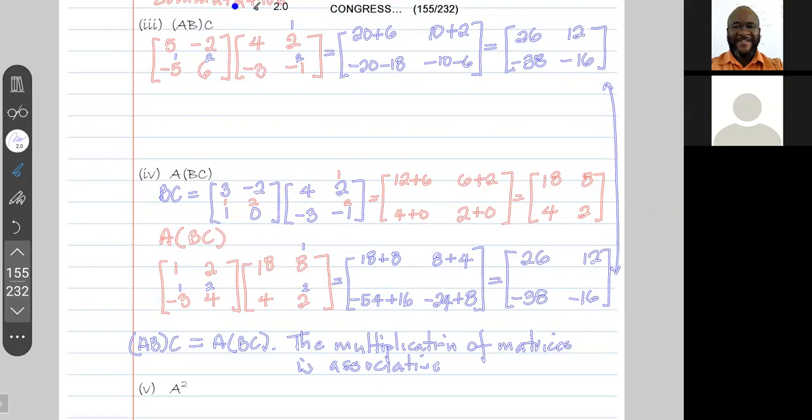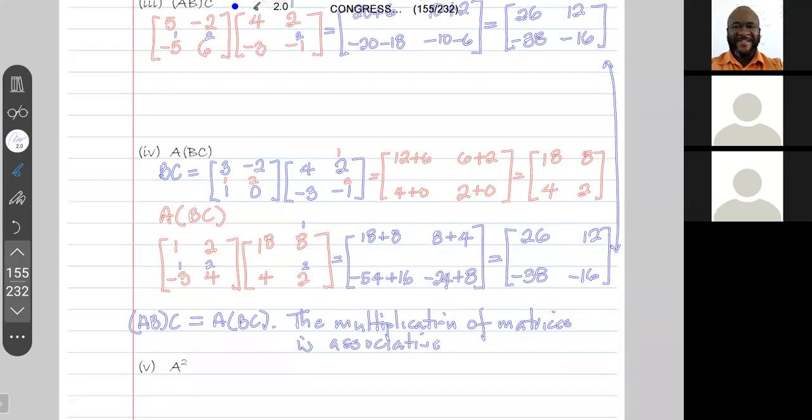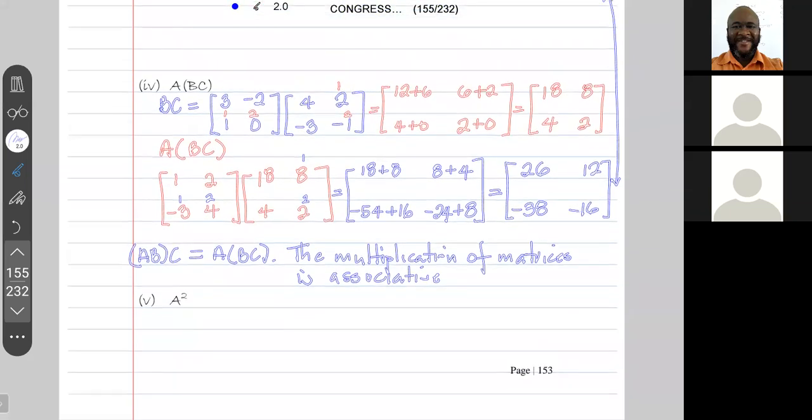Guys, do B, which is A squared. And of course, A squared means A multiplied by A. When you square something, you multiply it by itself. All right, so next we are going to do A squared.